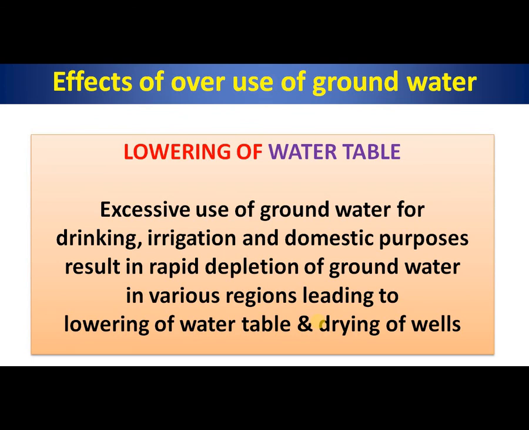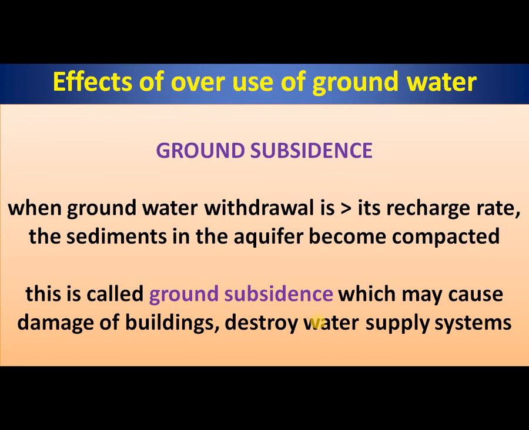It leads to lowering of the water table so that ultimately the wells become dry. Excessive use of groundwater for any purpose results in rapid depletion and leads to lowering of the water table and also drying of wells, maybe a borewell or open well.